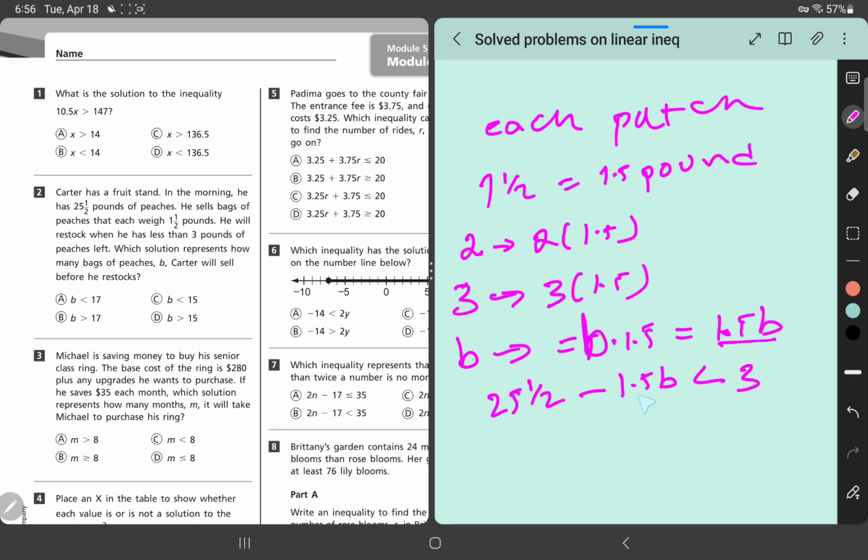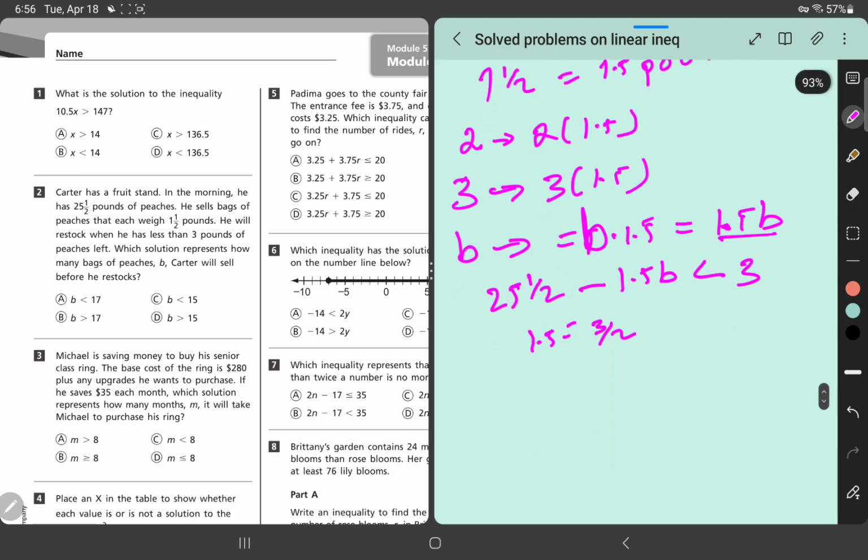You can say 1.5 is the same as 3 over 2. So 25 times 2 is 50, plus 1 over 2.